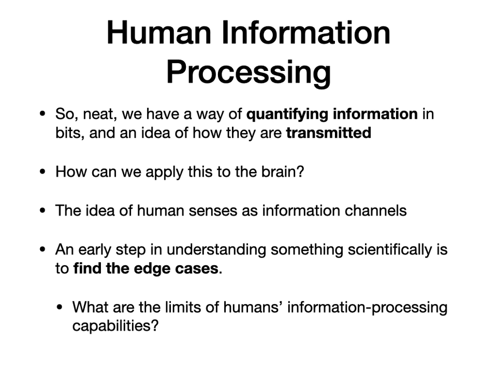Somehow, the signal from the world is getting into the brain to be used for something. And so one interesting way that we can apply a scientific method to this, that is common, is find the edges. If we want to better understand these human senses as human information processing channels, what are the limits of those processing channels? So, that's what we will do.